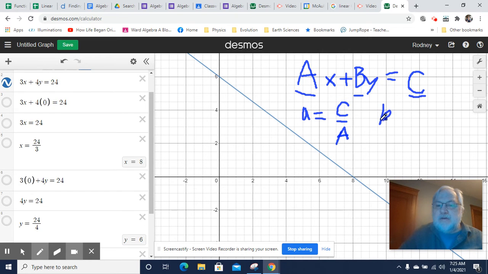The y-intercept, which you use the letter b for, remember y equals mx plus b, is just going to be C over the y coefficient, which is B. And slope will end up being negative A over B. So you take the x coefficient and divide it by the y coefficient, and then you get the opposite of that. And that'll give you the slope every time for standard form.